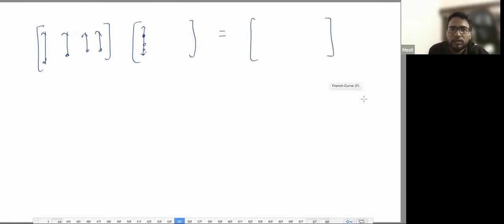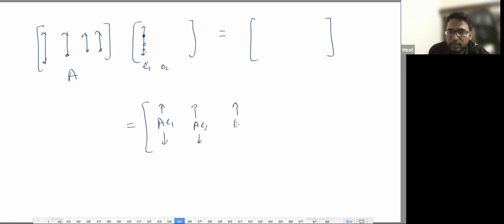So basically if this is A and this is, let's suppose, E1, E2, E3, I can say that this product is nothing but A E1, which is just a vector, and A E2, A E3, these are the columns of this AS.